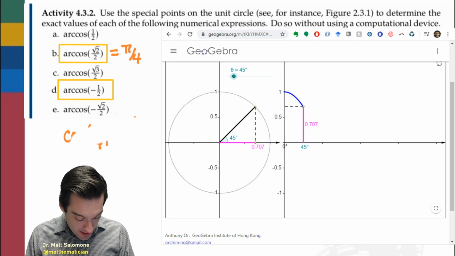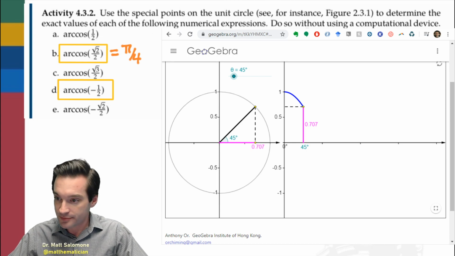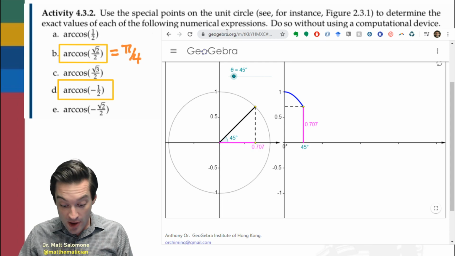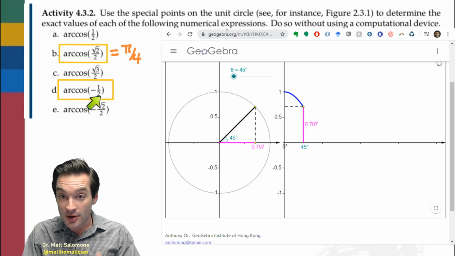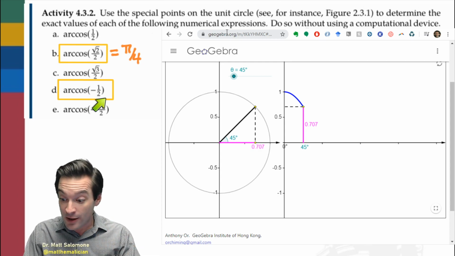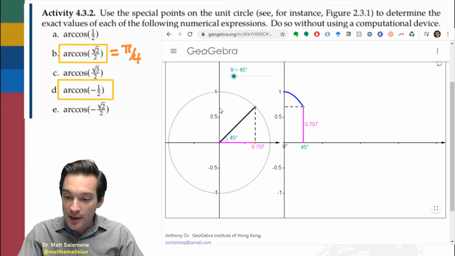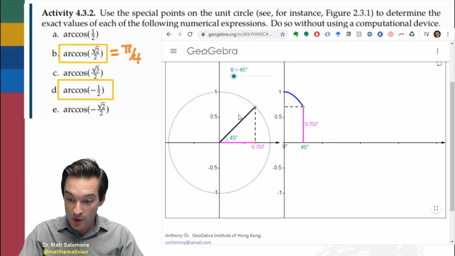Let's move forward to the next example. We'll do this next example the way that it is, and then maybe we'll tweak it a little bit. Arc cosine of negative 1/2 is going to be an answer to the question, what angle has a cosine equal to negative 1/2? And so what we need now is for my horizontal coordinate to be negative 0.5.